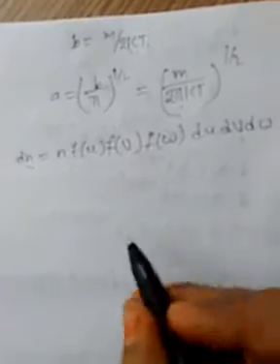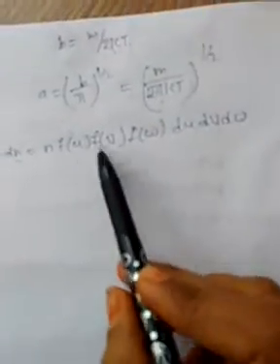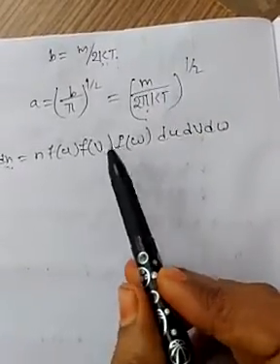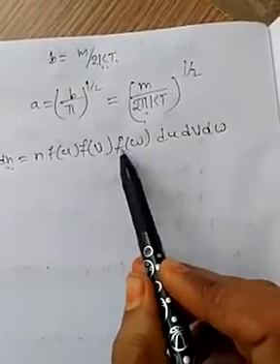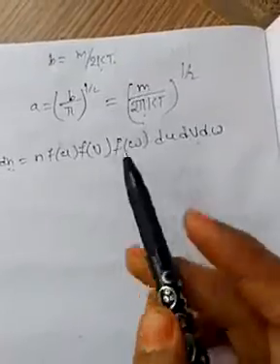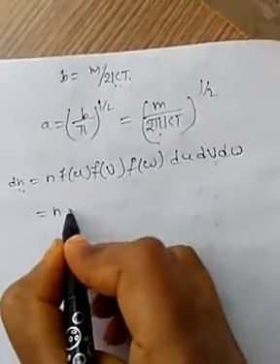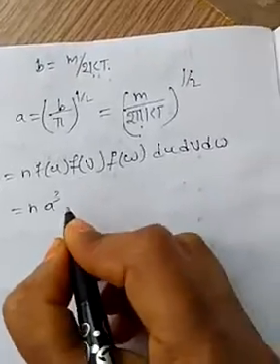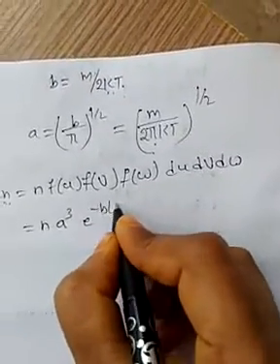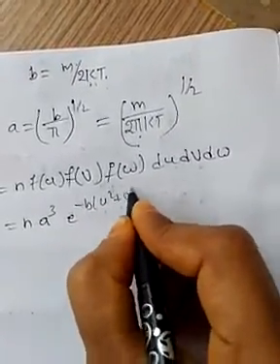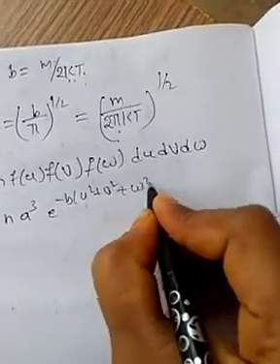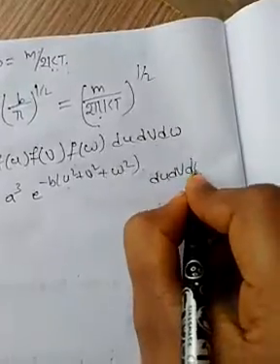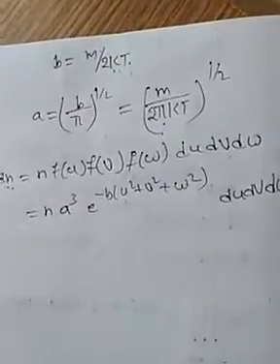Substituting the values of f(u), f(v), f(w), that is, a cube into e power minus b (u square plus v square plus w square), it becomes n a cube e power minus b (u square plus v square plus w square) du dv dw.